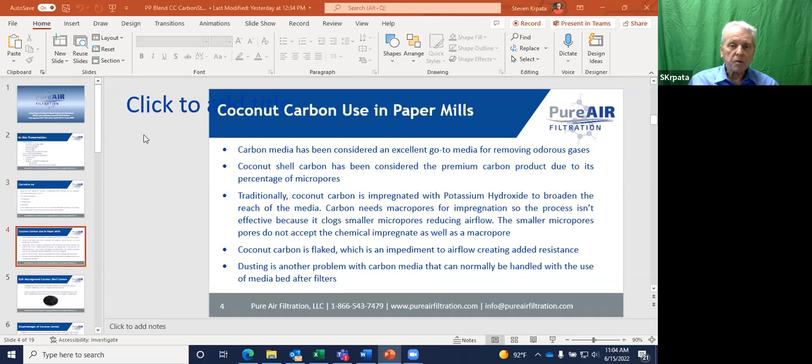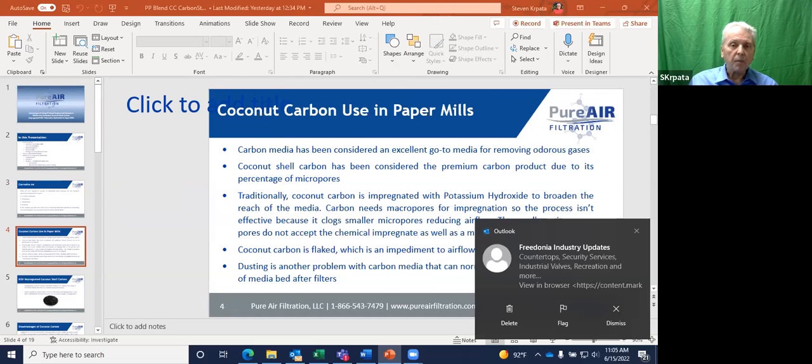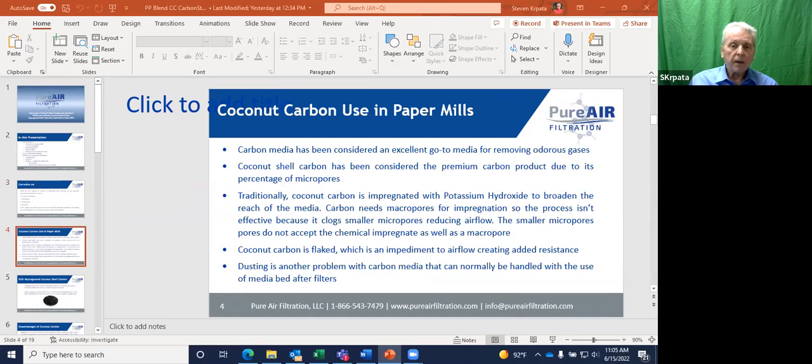Coconut carbon has historically been considered an excellent go-to media for removing the gases that cause odors in the air. Some people even ingest it to settle their stomach and pull contaminants out of their body. Coconut shell carbon media has traditionally been considered the premier carbon media.